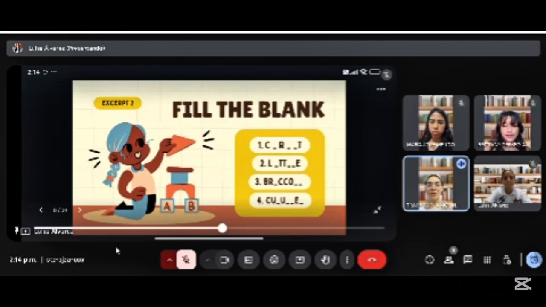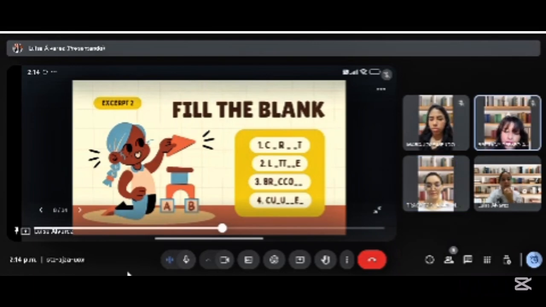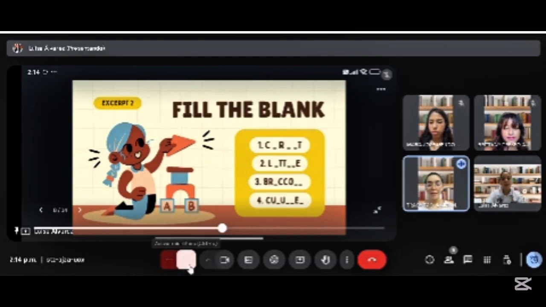I want to ask you, when you look at these four exercises, what kind of vocabulary do you think it specializes in? We're talking about clothes, the weather, school. I think it's food. The third one looks like broccoli. Yes, exactly. It is food, but it is specifically vegetables. Vegetables, right? Okay.